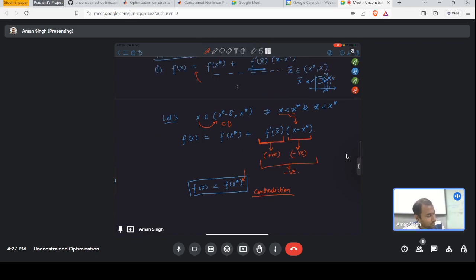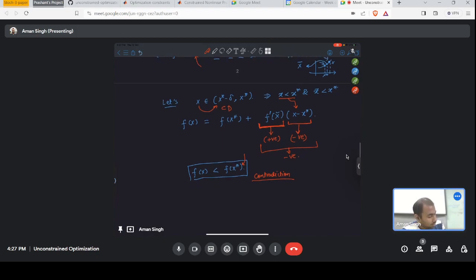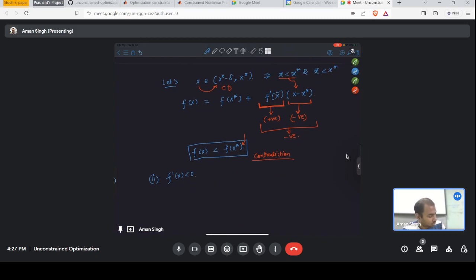So basically we assume that x star is minimum, and we assume f dash x star is not equal to 0, greater than 0, and we proved that x star is not a minima. So that is true. Second case, you'll have to prove it for f dash x less than 0 also. It will have same procedure. And similarly, you'll be able to prove it for f dash x less than 0 as well.